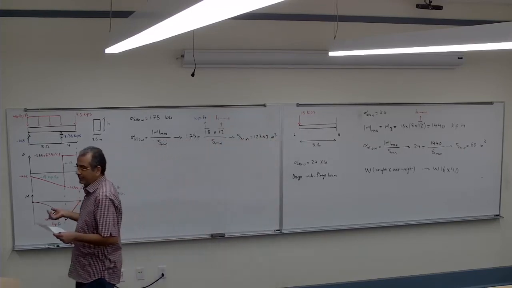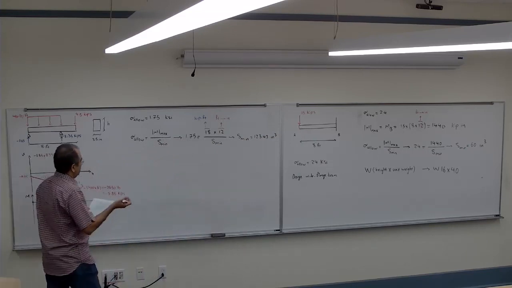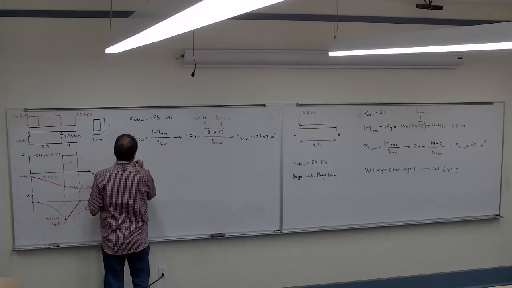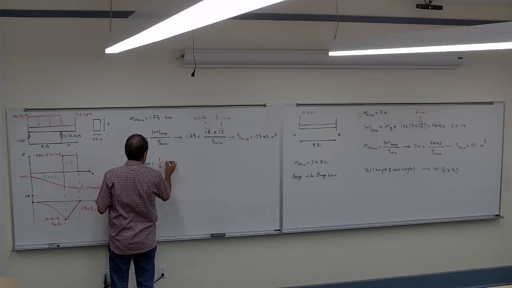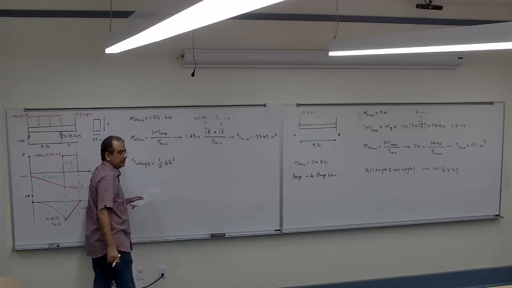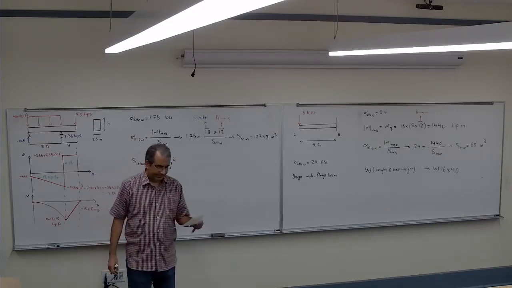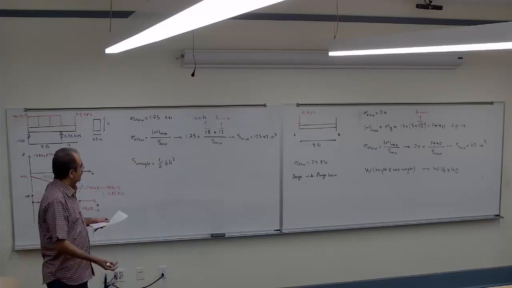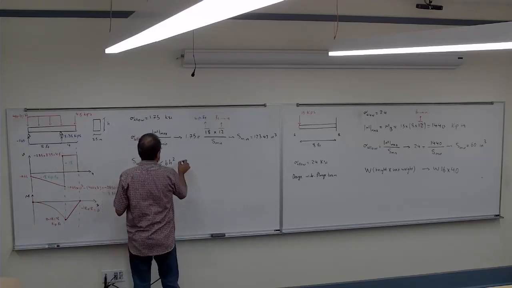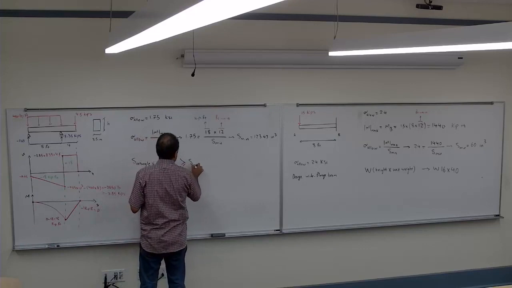Now I want to find the S for that. So what was the S for the rectangle? 1/6 of B H squared. Correct? And it should be equal or larger than the S min.